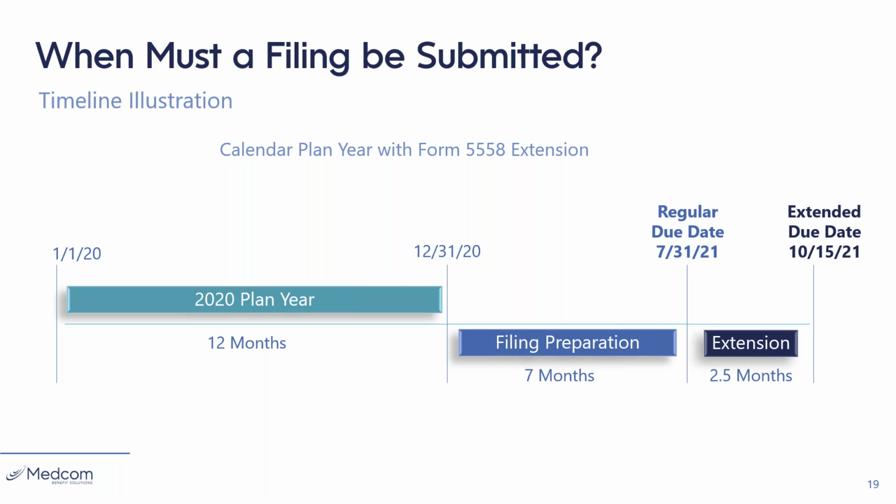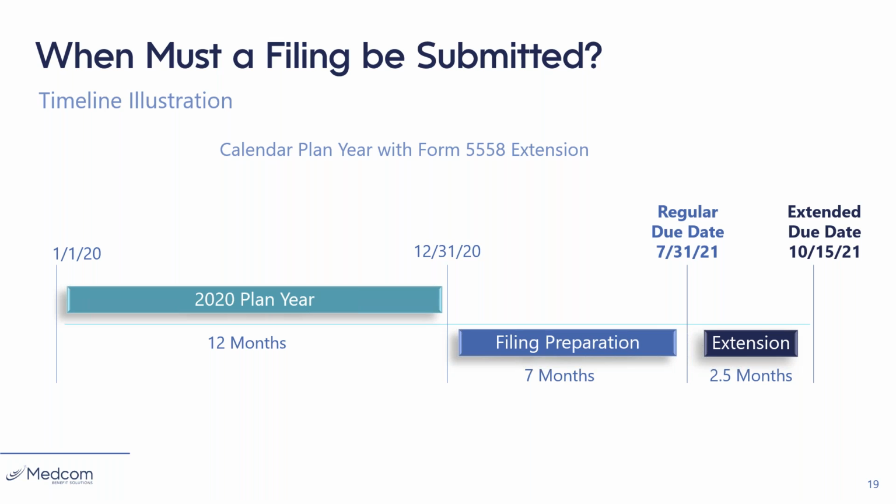Now, here's the really important key about that. Once a filing has been extended, it cannot be extended a second time. The extension is a one-time opportunity, and the filing must be completed by that extended due date. If a filing misses its extended due date, it would be deemed a late filing, and the time frame that gets applied to it in terms of the days late reverts back to the original due date.